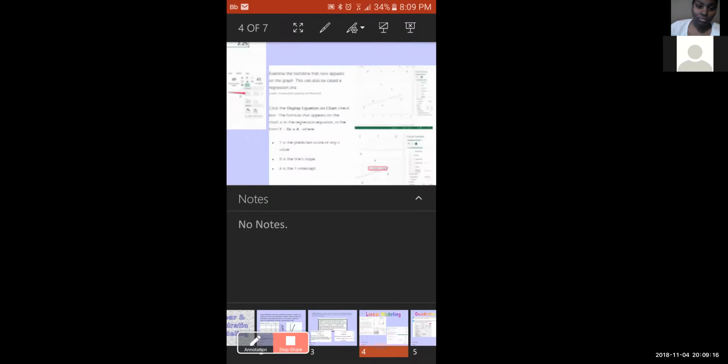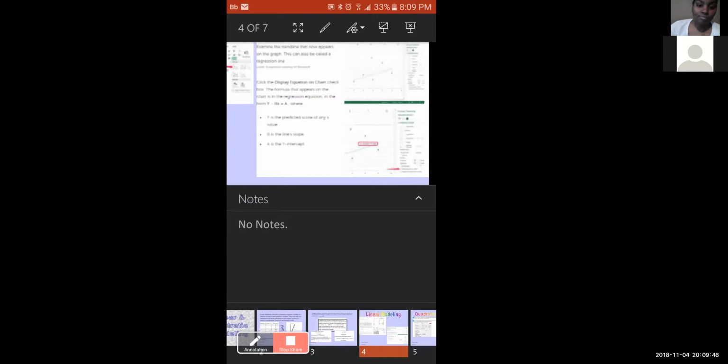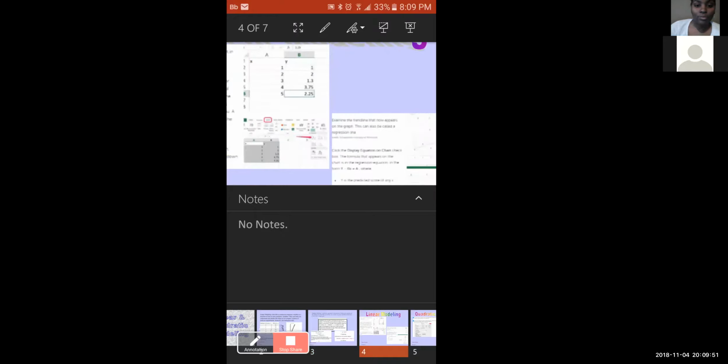And then you would examine the trend line, also called the regression line. To do this, you click on the display equation on the chart checkbox, and the formula that appears on the chart is the regression equation in the form of y equals rx plus a.